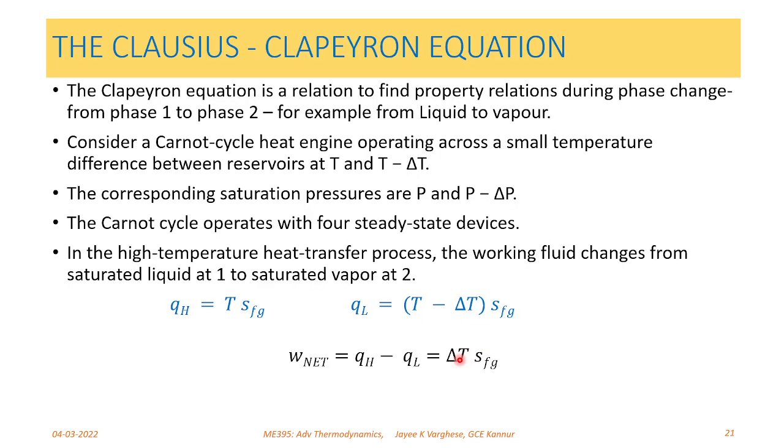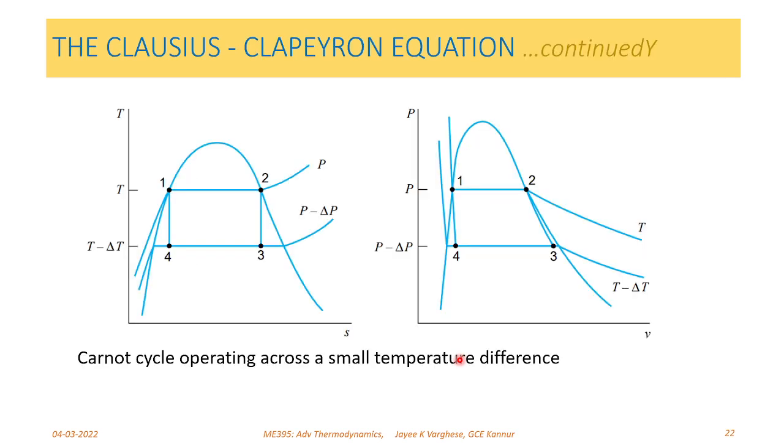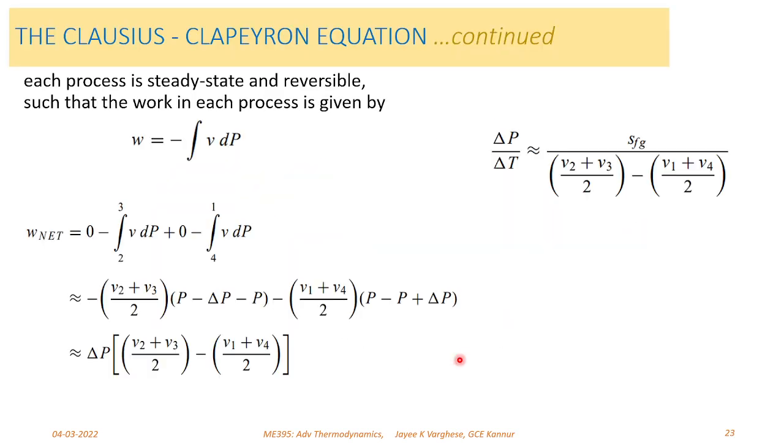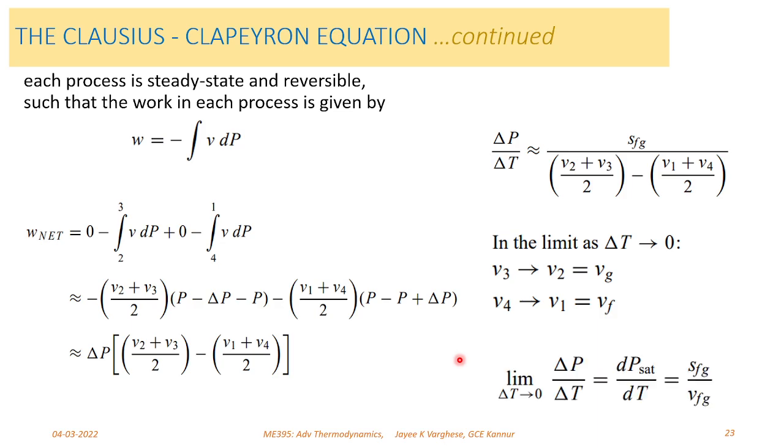We'll skip this for the time being. Some property relationships are across phase transitions and some are valid in the same phase. Now we can see some of the property relationships.